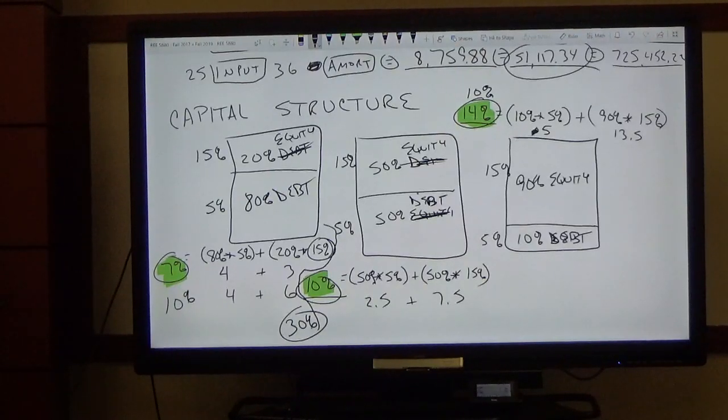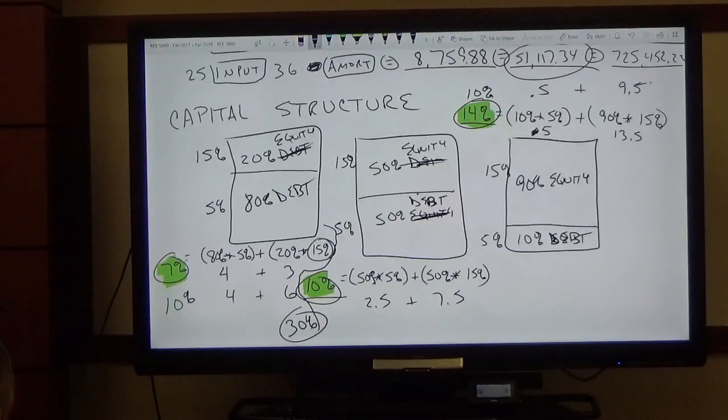In that case, once again, the debt piece is going to stay the same at 0.5, but then over here, instead of 13.5, in order to add up to 10, this is going to need to be 9.5. Correct? Okay, so 9.5, working backwards, divided by 90, would mean we would only be getting a 10.56% return on equity under this scenario.